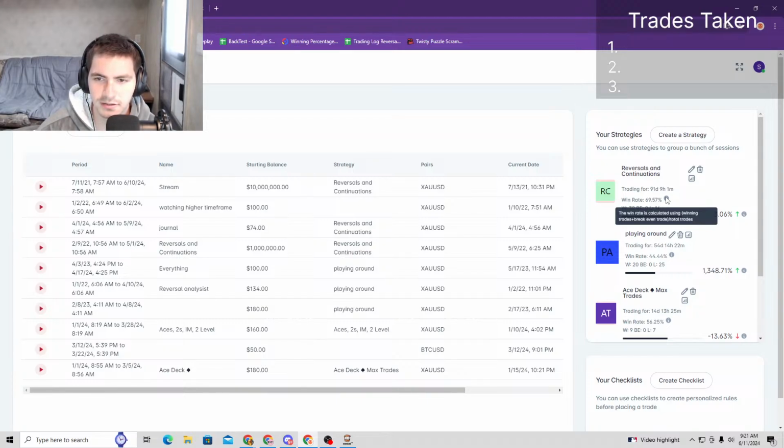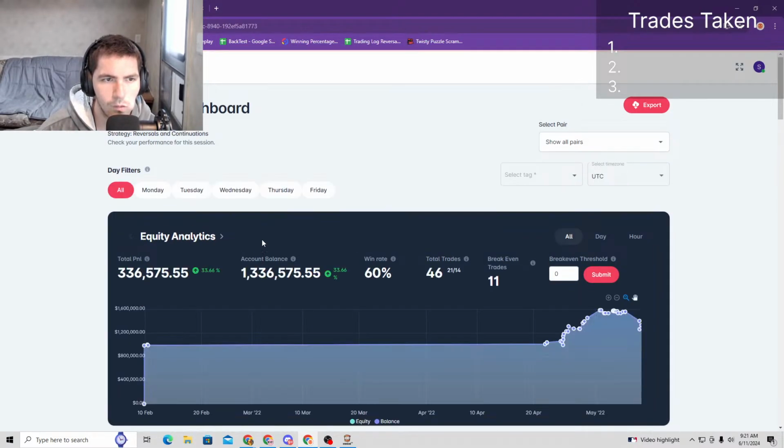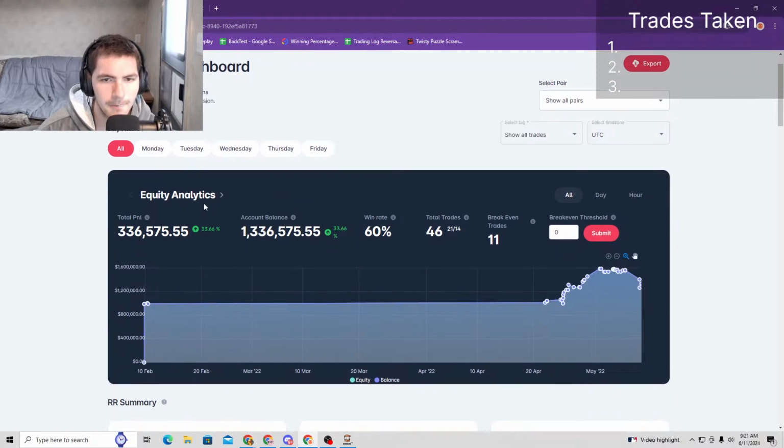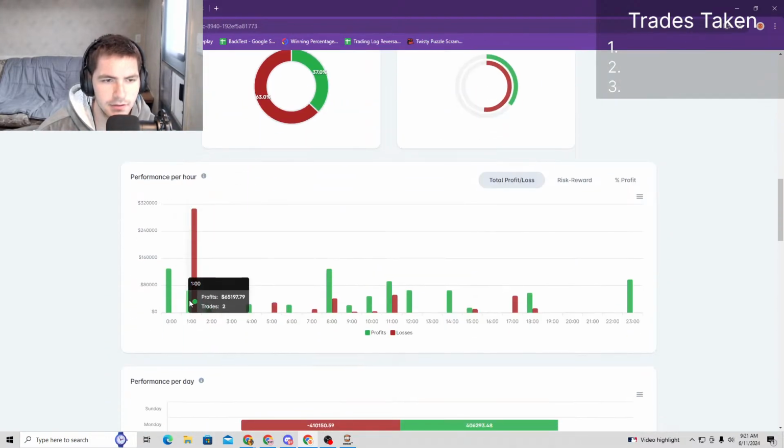Oh, I guess it considers break even. It tells me when most of my trades are.